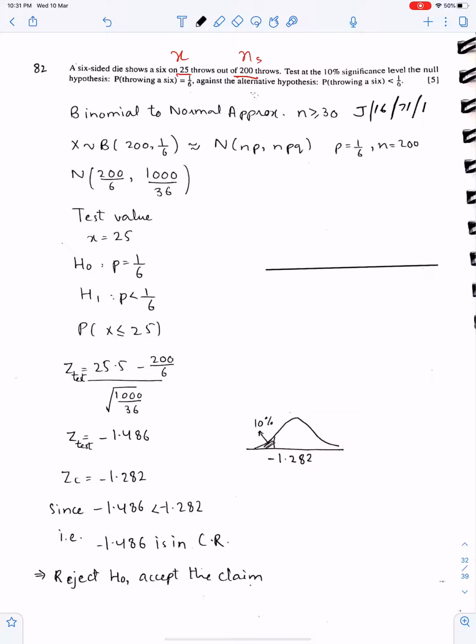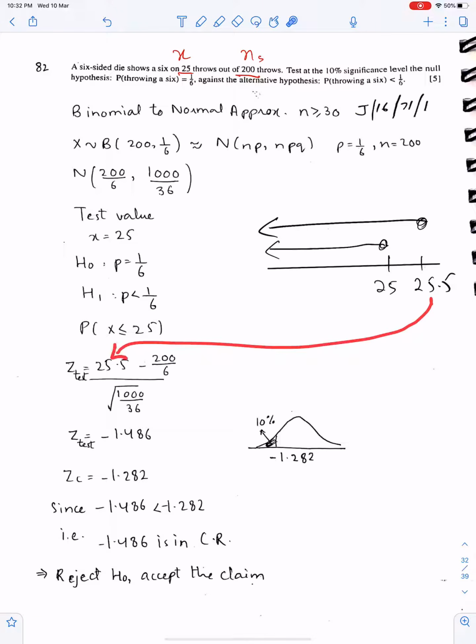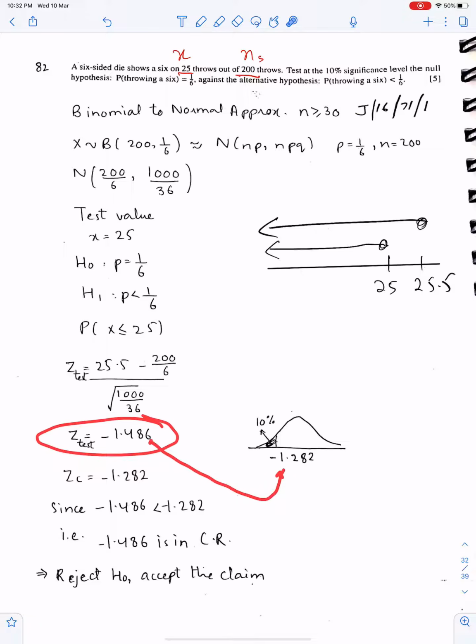And since H1 has a lesser than sign, you have to perform the lower tail test, this tail. The test value is always inclusive, so you have to go on this side because of the lesser than sign. So the continuity correction will be 25.5. So you have to use this number here. And np is here and npq is here under root. Now you need to compare this value with the critical value. This value lies in the critical region, so you have to reject H naught. You have to accept this fact that p has decreased.